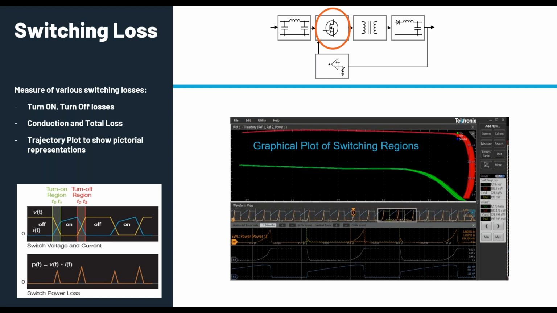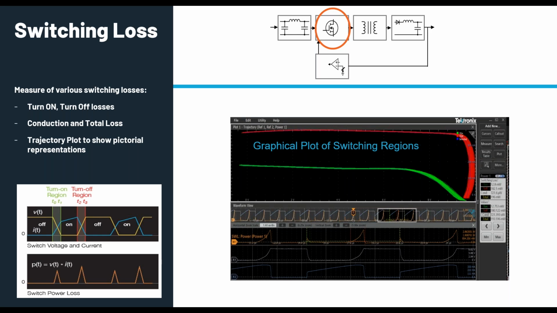That's why you need a dedicated instrument which can capture these signals accurately with higher sample rates and higher bandwidth to see these edges and switching transitions and make these measurements accurately. We also see the graphical plot of switching regions, how the switching happens. That's again important to find out the characteristics of the switching.